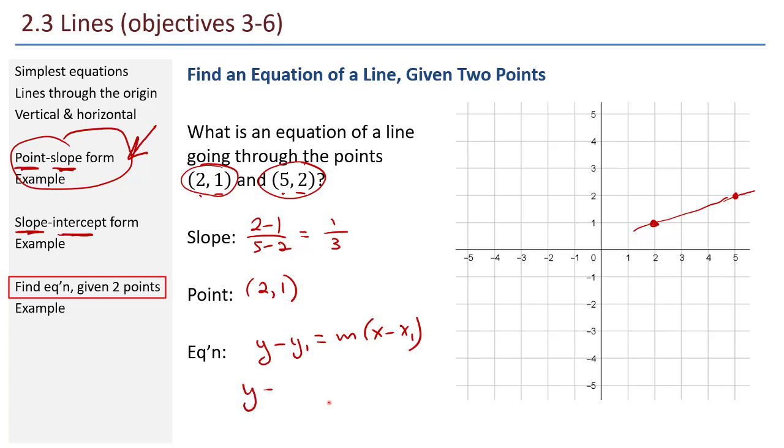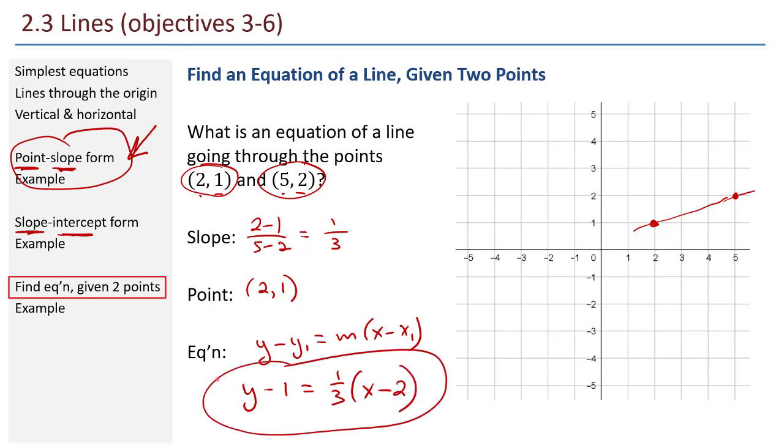Y minus, what is my y1? Oh, just 1 equals the slope times x minus, and what is the x1? That's 2. There it is. And I can stop right there. I have created an equation involving x and y, and that equation describes all the points on that line.